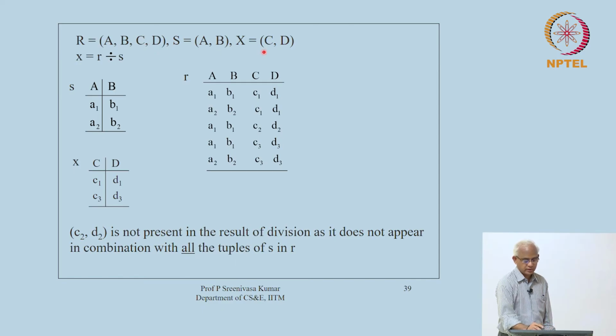So CD is the output schema of R divided by S. Now how exactly this result gets computed, let us look at this instance.